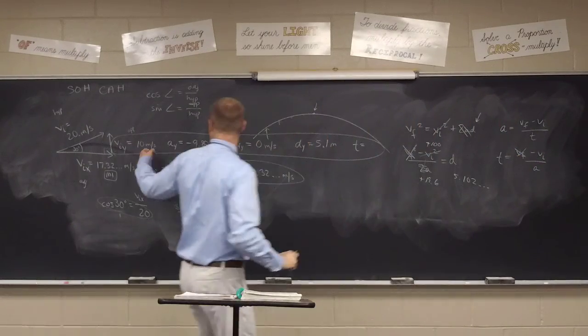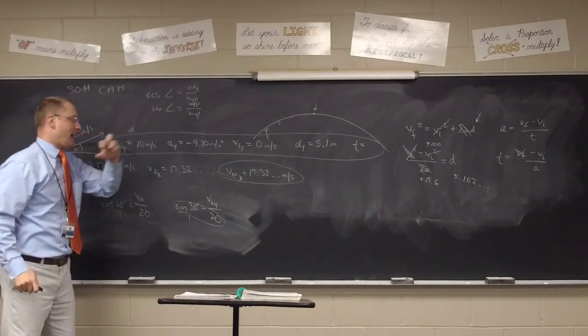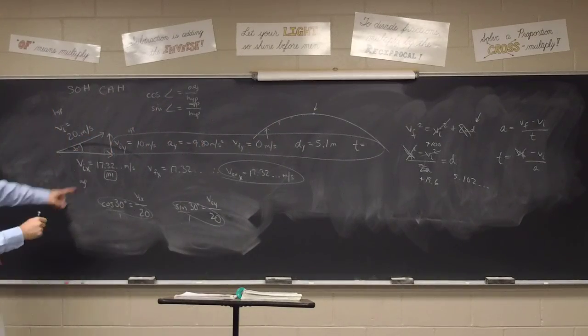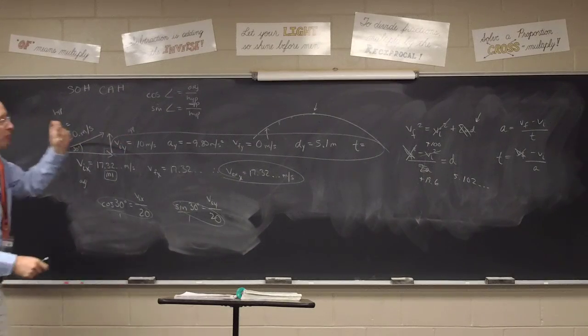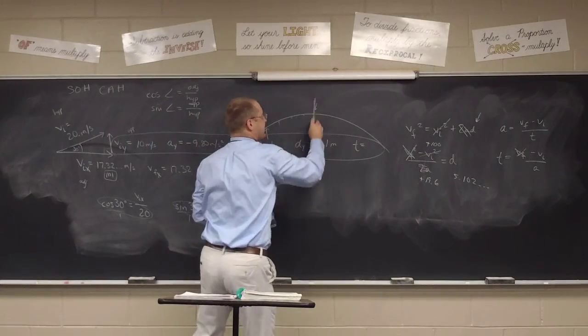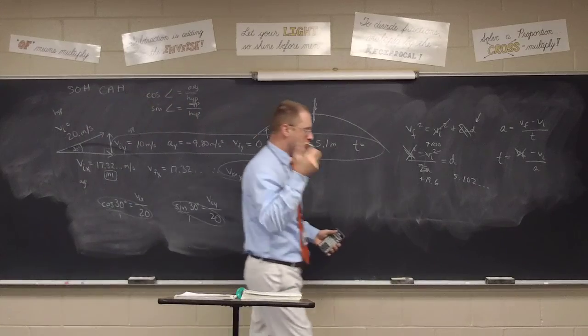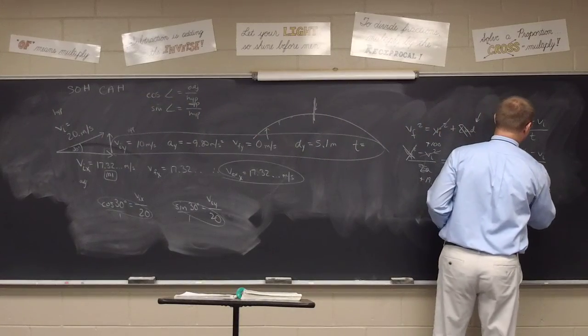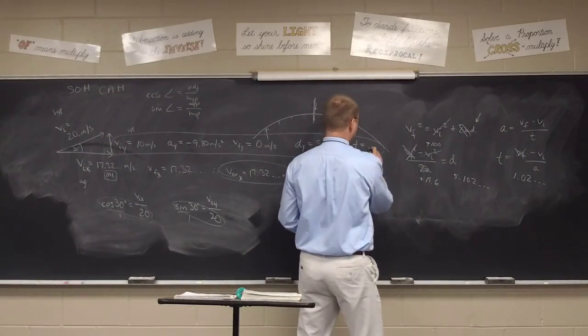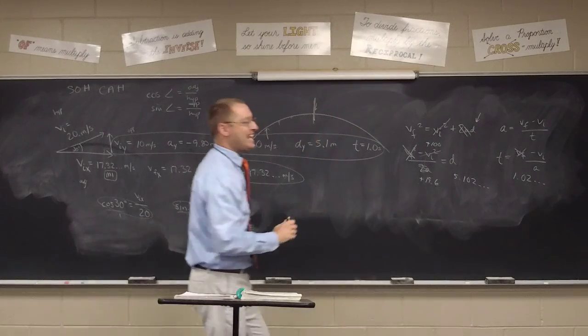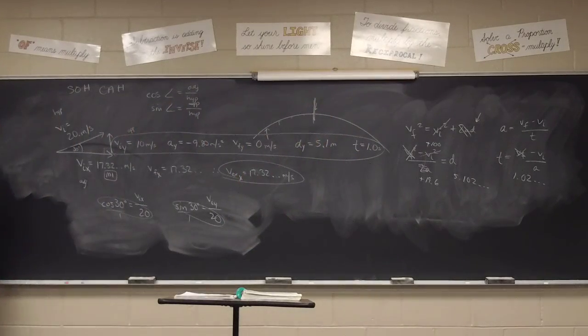So we just take the initial velocity, divide it by the a, negative initial velocity, right? So negative 10 divided by negative 9.8. How much time does it take, watch, to get right here at the high point? 1.02, blah, blah, blah. We'll say about 1.0 seconds. That's to the high point, correct?